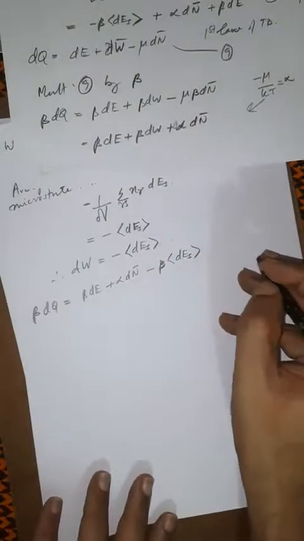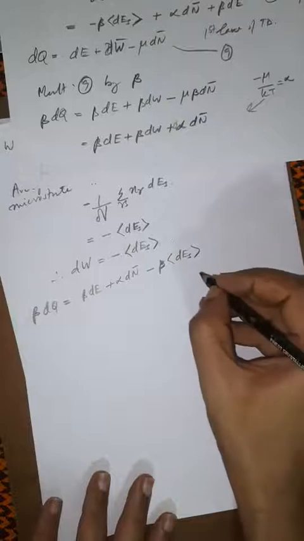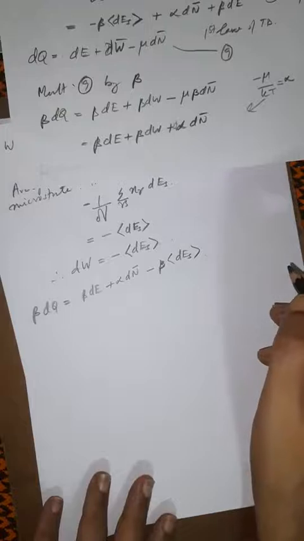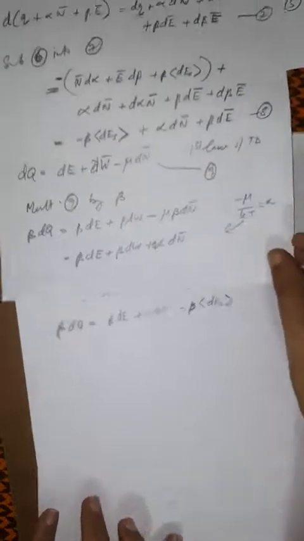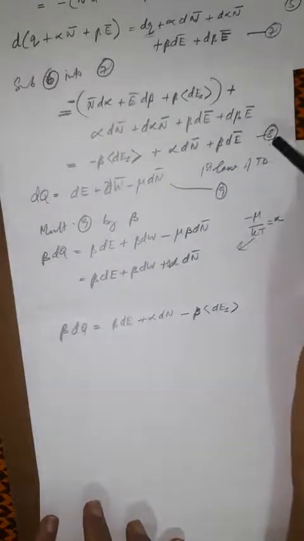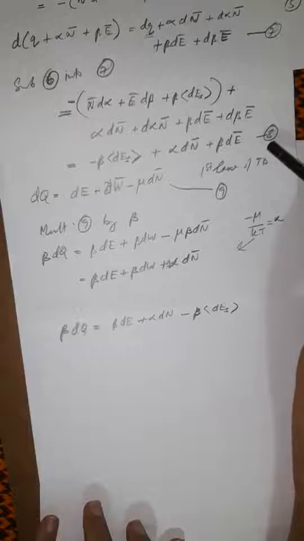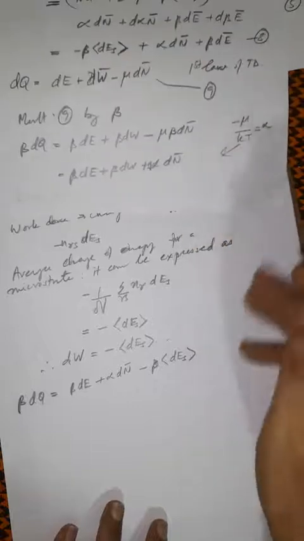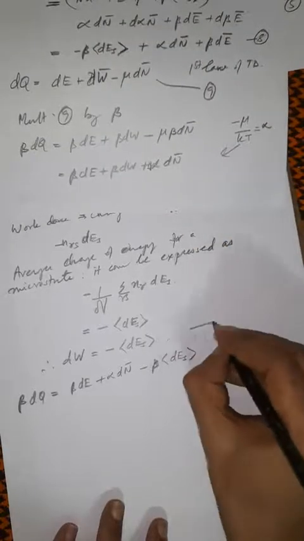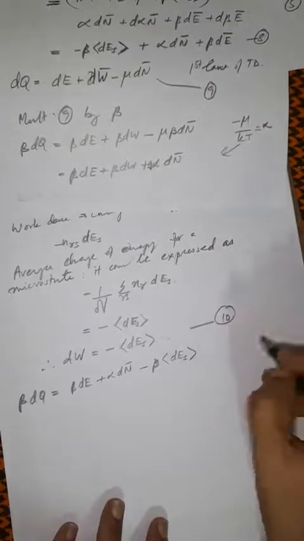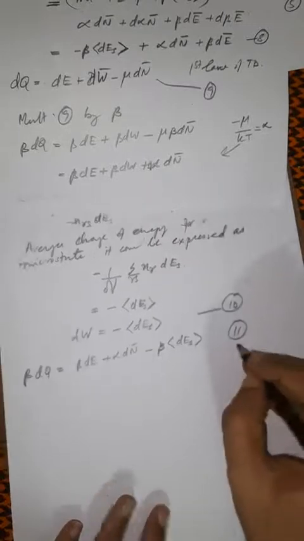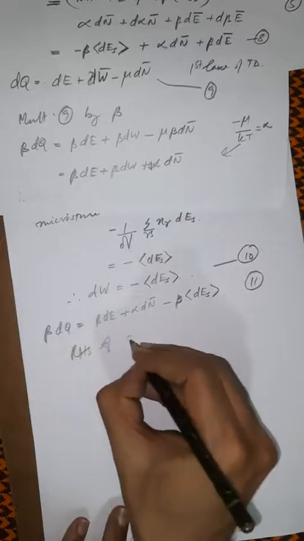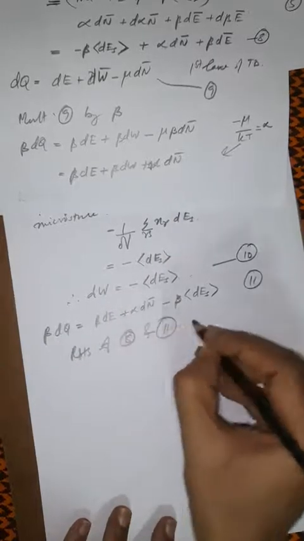So then what will you get? So we are now in a particular situation where if you take the RHS of equation 8 and call this my equation 11.